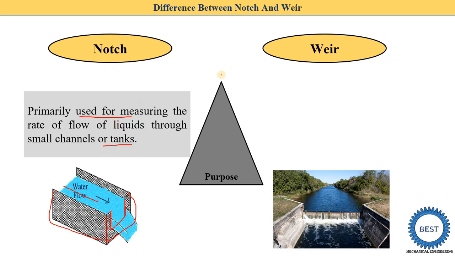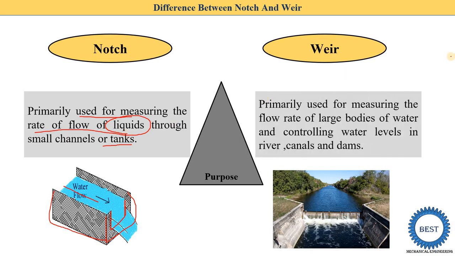Both are used to measure the rate of flow of liquid, but the notch is only used for liquid, and the weir is used for measuring the flow rate of a large body of water and controlling the water level in a river, canal and dams.